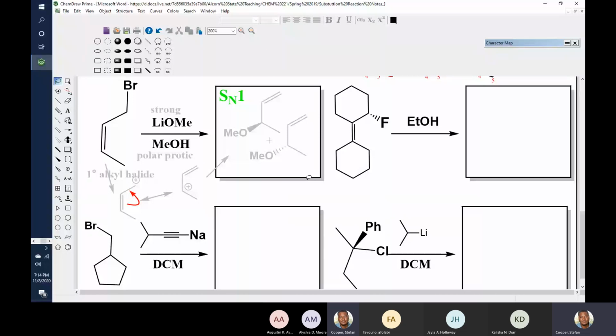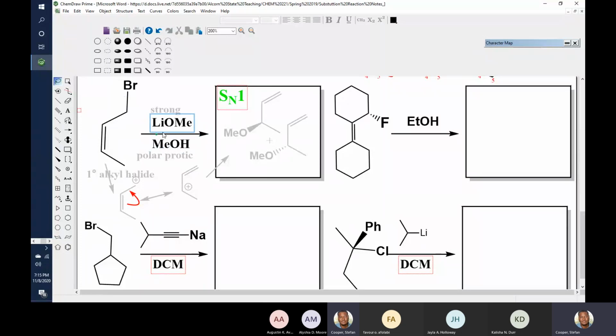Okay, any questions so far on that question? One more time. For where you put OMe, you got that from the nucleophile or the solvent? In this case, it is the nucleophile. This nucleophile is strong. It will react with the solvent. Strong nucleophiles react with the alkyl halide and the solvent.